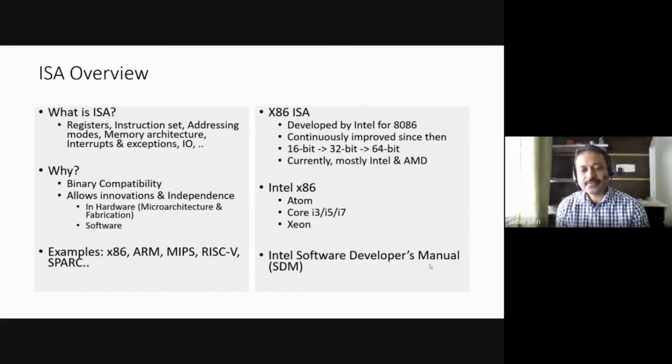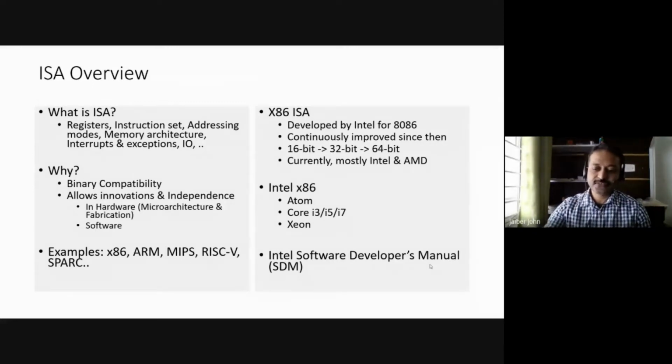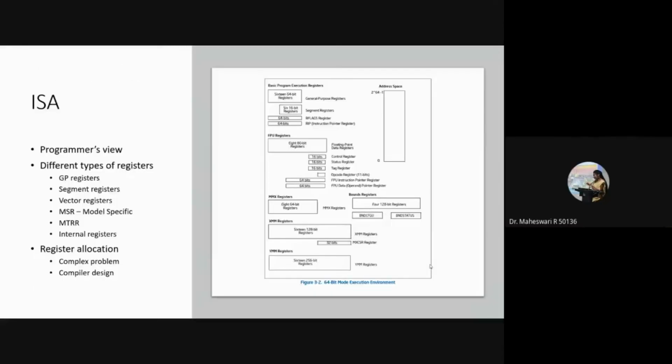At that time, I remember the SDM was a little smaller. I used to take printouts, and it was not 5,000 pages, maybe 1,000 or a few thousand. Now these are available for order as well. But anyway, the PDF is available for free. Those who are interested can download it and make use of it.